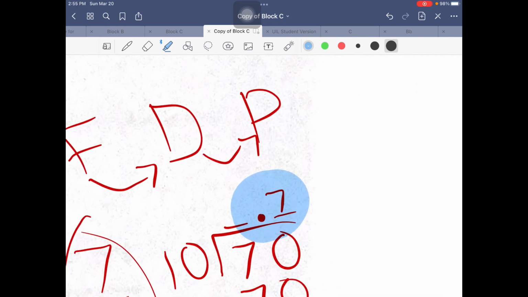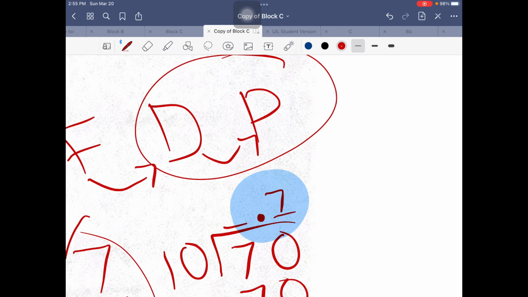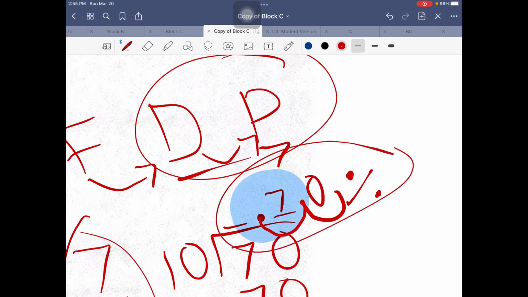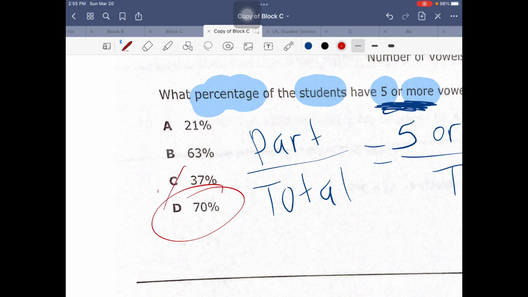So how do we go from decimal to percent? We move the decimal 2 places to the right, and because there's a blank right here, we're going to add a 0. That means we have 70% that have 5 or more vowels in their first and last names.